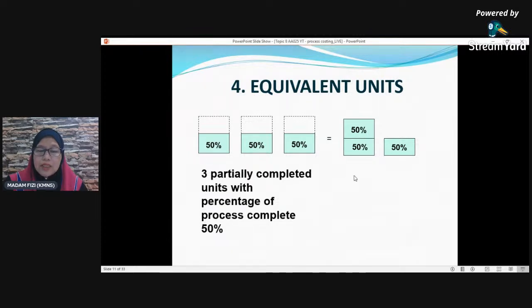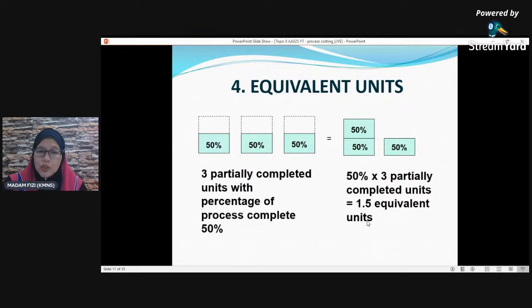Okay, macam mana? In calculation, 50% multiply by 3 partially completed unit, so equals to 1.5 equivalent unit. Okay, boleh faham tak student?